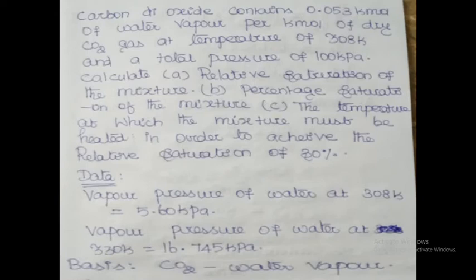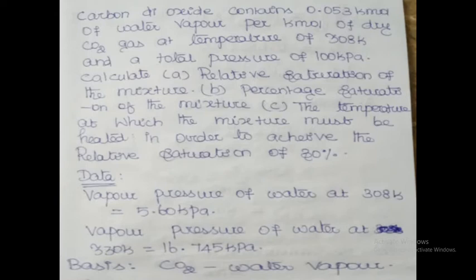So what is the third part? Percentage RH is equal to 30. What is the mixture heating temperature? Once we calculate the partial pressure or vapor pressure value with the help of relative humidity, then only we come to know this is the temperature, the mixture heating temperature.